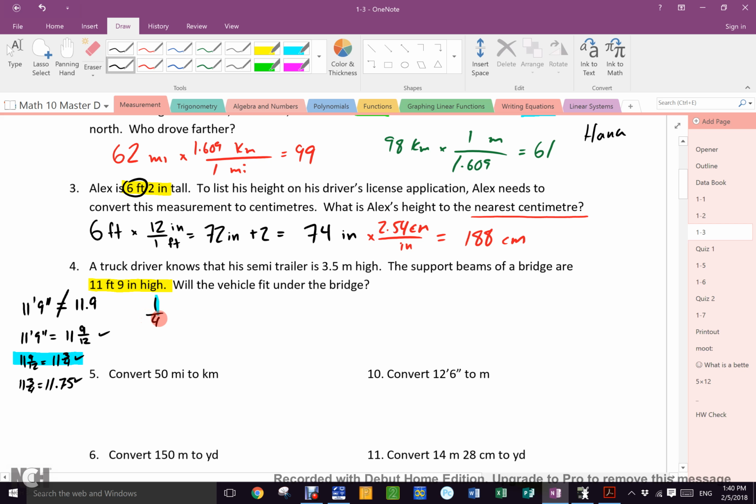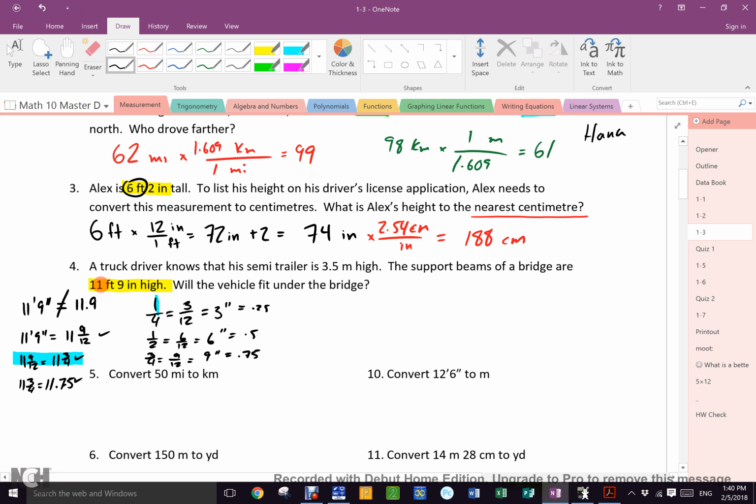Redeem yourself. 1/4 is 3/12, which is 3 inches, right? Yeah. 1/2 is 6/12, which is 6 inches, right? Yeah. And 3/4 is 9/12, which is 9 inches, which is 0.25, 0.5, and 0.75.